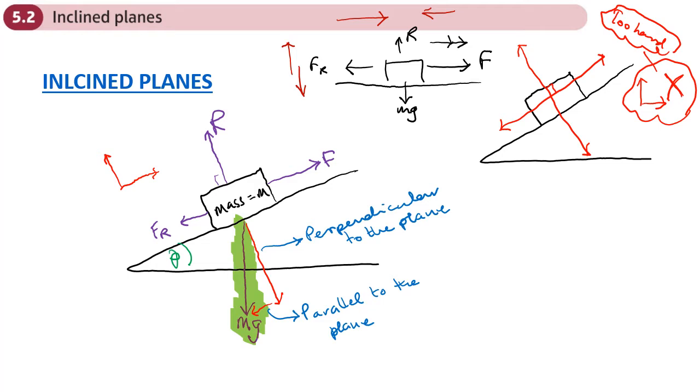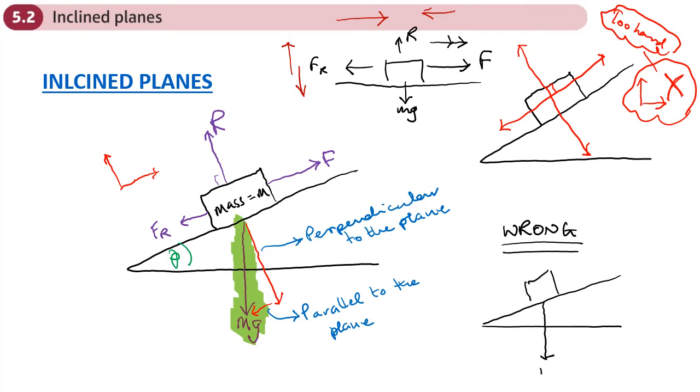So I often see things like this. So let's do something that's wrong. A student gets this mass on here, they draw down mg like this, and then they go on and maybe do something like this with some sort of right angle here.